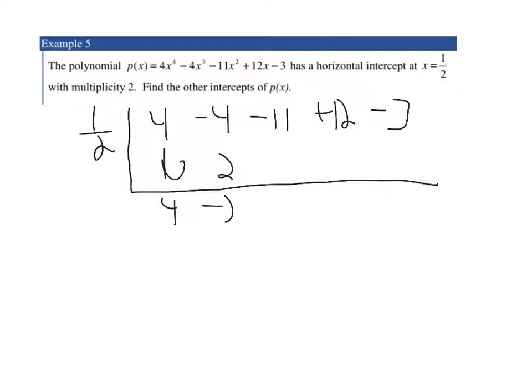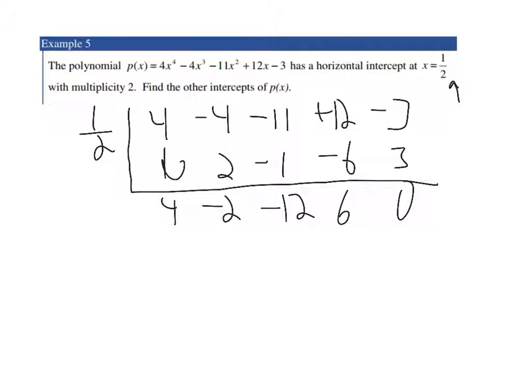That gives me -2. I multiply those and get -1. That gives me -12. -12 times 1/2 is -6, which gives me +6. 6 times 1/2 is 3. I get 0 for remainder. So we just showed that this has remainder 0.